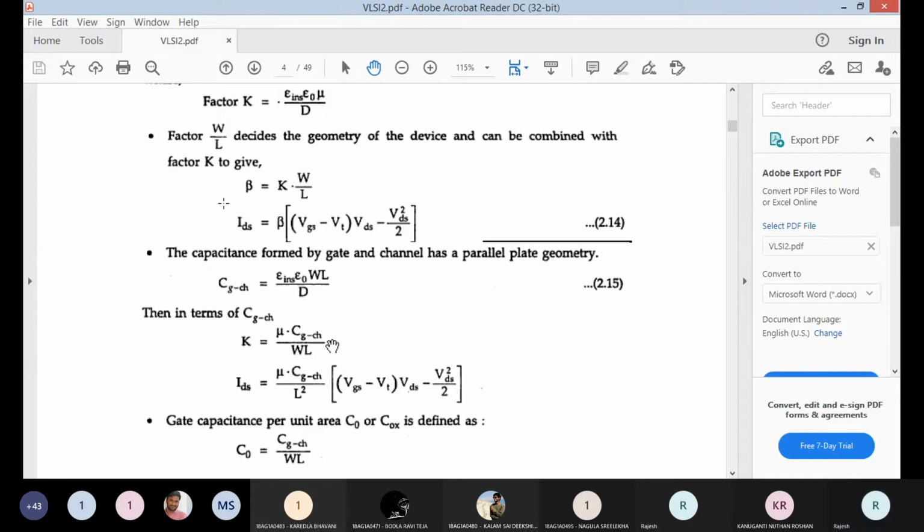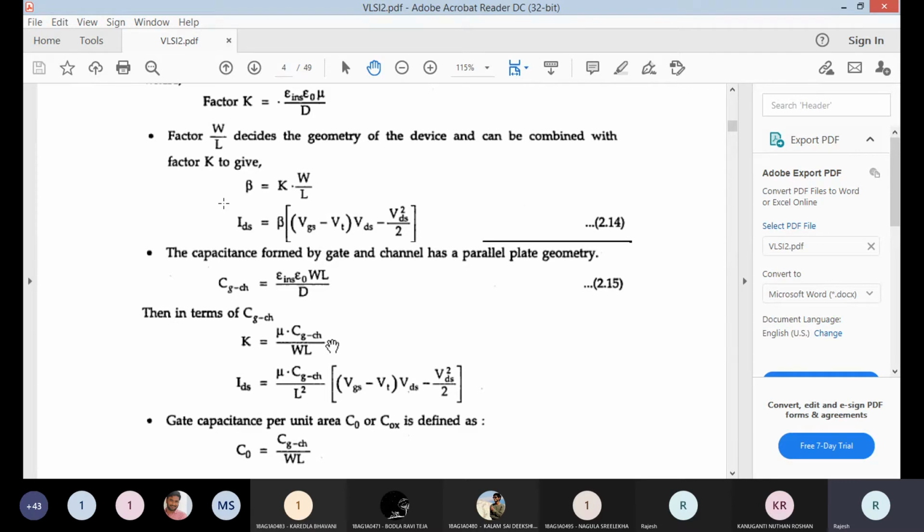So gate to channel capacitance CGCH is equal to epsilon insulator epsilon naught times A, the area of this parallel plate, that is nothing but W and L, over the oxide thickness D.